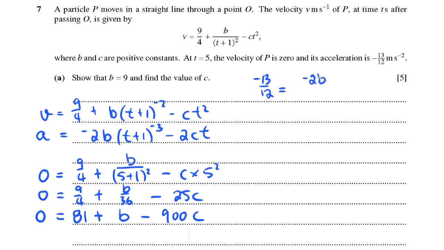Hopefully we can do something to fix our problems later. Minus 2b divided by (5 plus 1), and this time it is cubed. We're going to subtract 2 times c times just 5. Okay, 5 plus 1 is 6, and 6 cubed is 216.